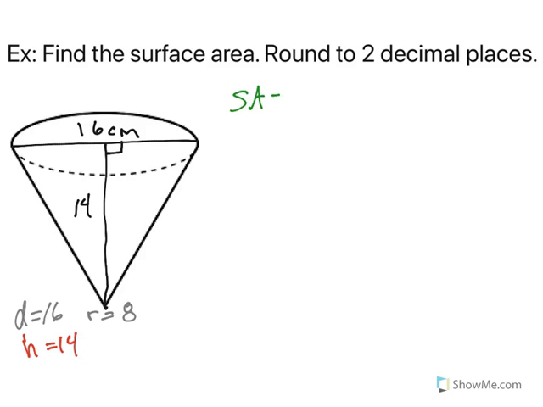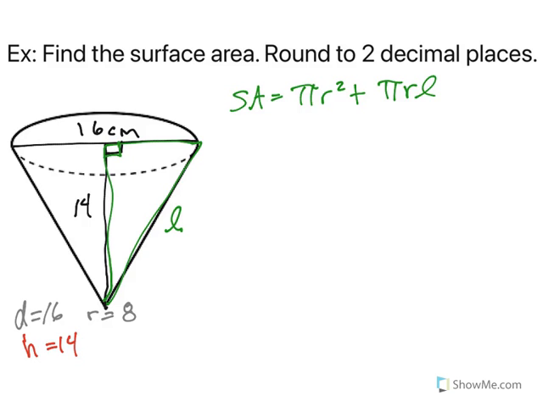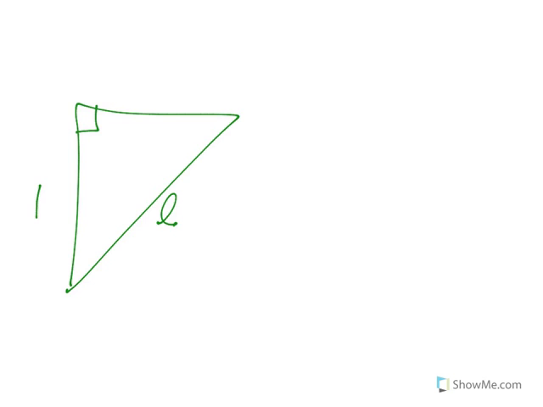Well, my surface area is found by taking pi r squared plus pi r L. And now warning bells are going off, because we need the slant height. The slant height is here. Let's think about what this means. We have ourselves a right triangle, where L is the hypotenuse and we know that our height is 14 and the radius is 8.